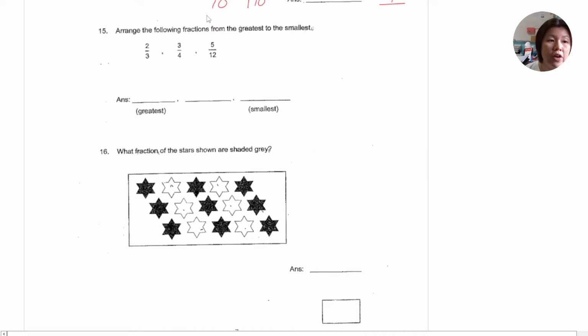Okay, let's move on. To arrange the fraction from the greatest to the smallest. As usual, to arrange fraction from greatest to smallest or smallest to greatest, we need to change either the denominator or the numerator. So I will see my denominator first. Is 3, 4, and 12. I have common. Timetable 3 and 4 have 12, so I'm change my denominator instead. So I times 3, and this is times 4, times 4.